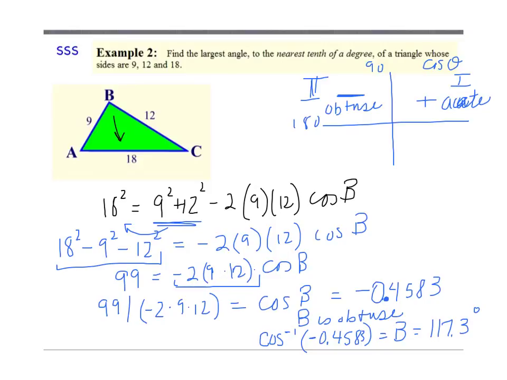B is the largest angle in the triangle because it is across from the longest side. And that's all it asks for here. It doesn't ask you to solve the triangle. So this is all the part that you have to do. But if you understand some of these concepts and how they all fit together, it will make these problems a little easier than just memorizing a procedure.